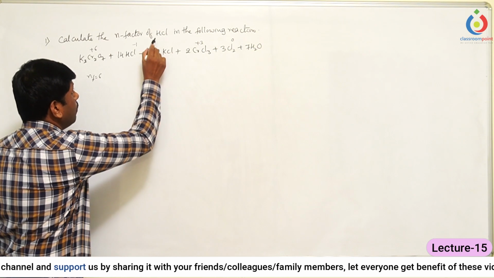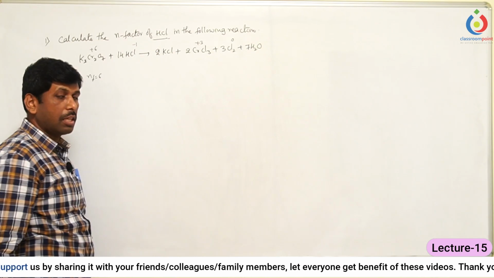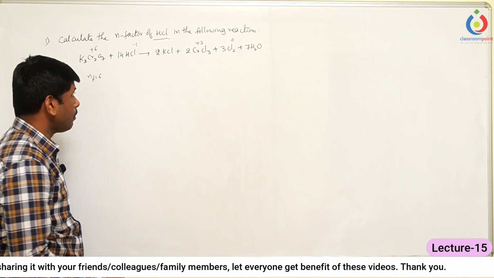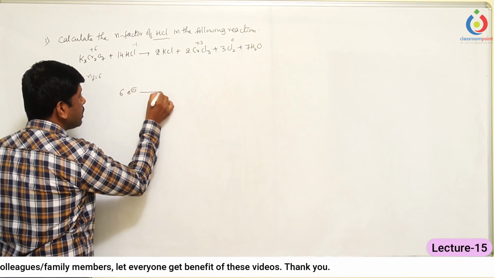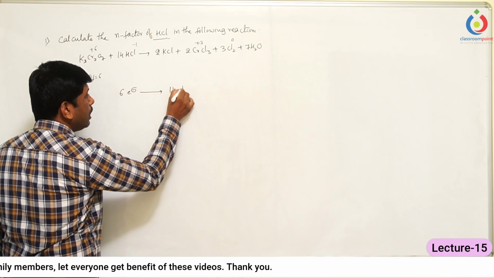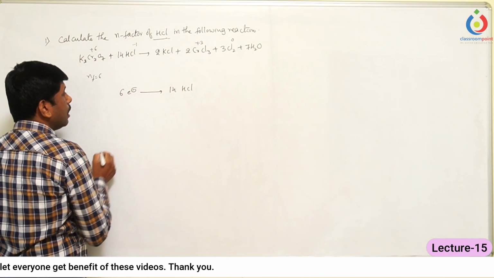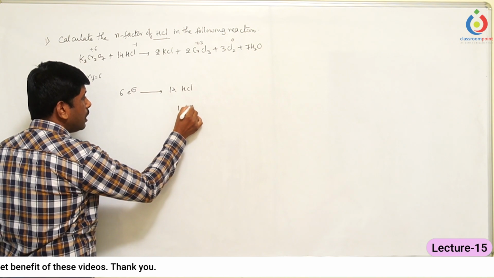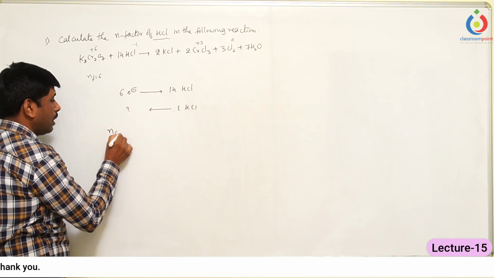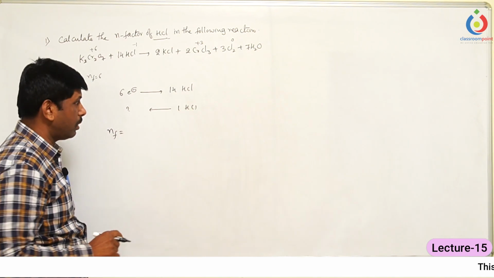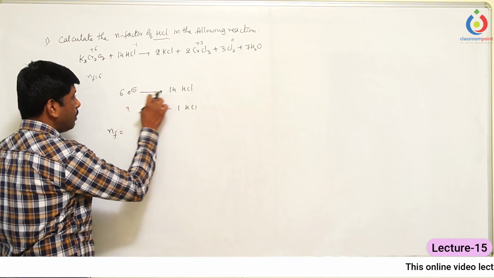But they are asking the complete HCl. How many HCls are there? 14 HCls are there. That means 6 electrons are exchanged among the 14 HCl molecules. Then 1 mole of HCl molecules, how many number of electrons are exchanged? That is what N factor. N factor is calculated for the only 1 mole of the molecule. So 1 into 6 by 14.